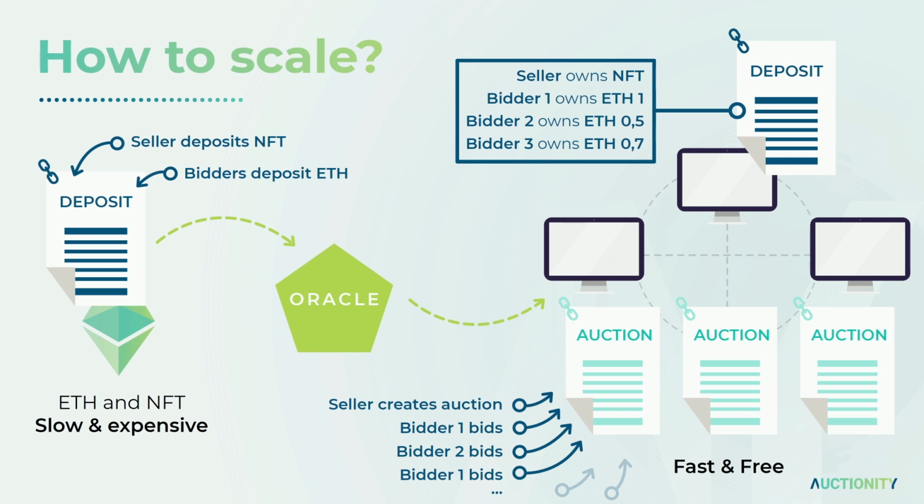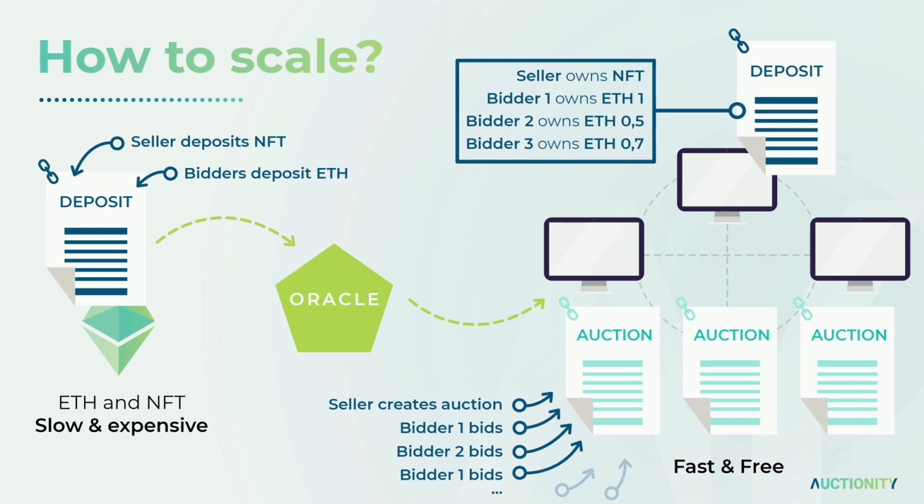And on this network, the bidder can bid at will. As long as the bidder does not exceed their deposit, they can bid as many times as they want on any auction, since it's fast and free. And that's the global idea behind the sidechain of the Auctionity project.